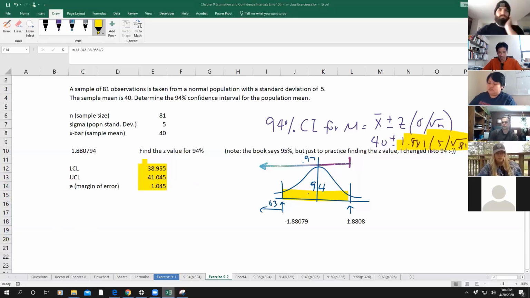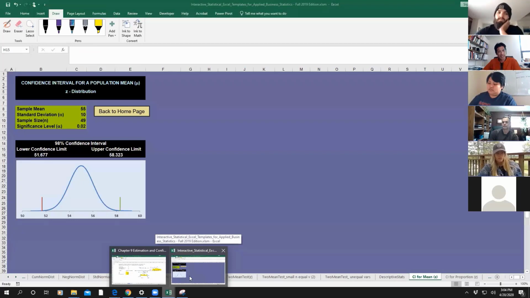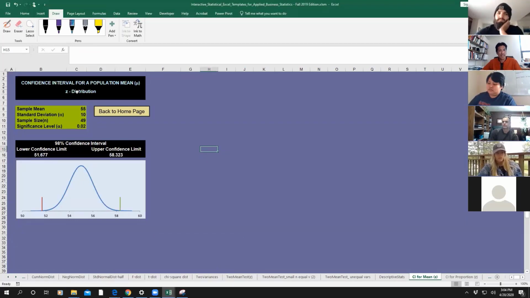And let's resolve this problem using the template. Same template, the z distribution. What was the sample mean? Was this 40? And the standard deviation was 5, right? Sample size was 81.